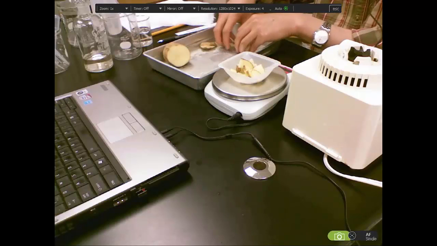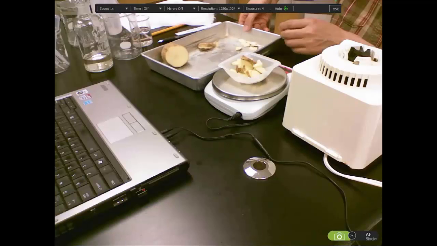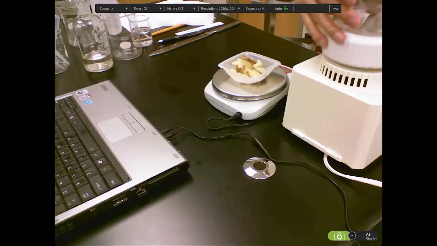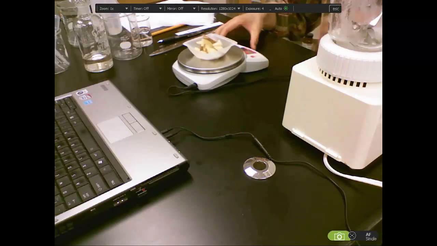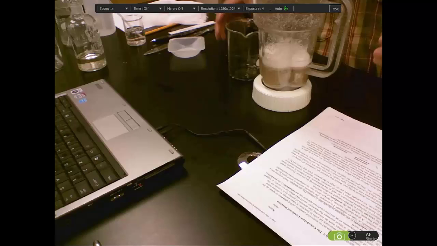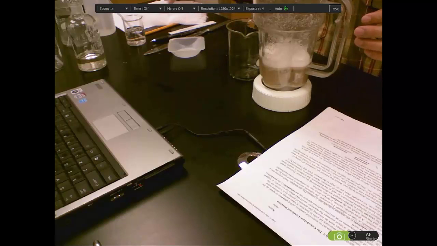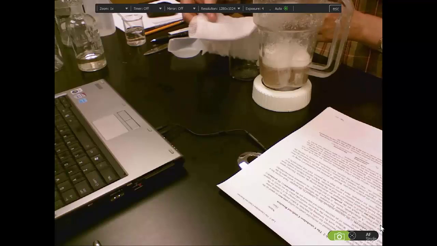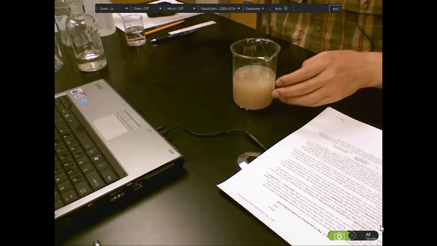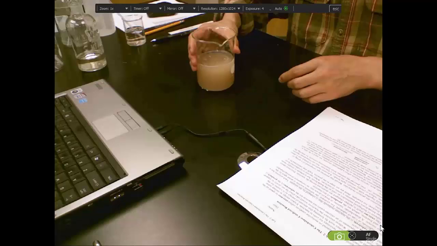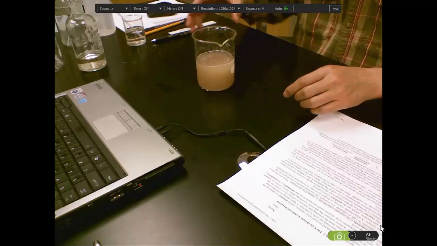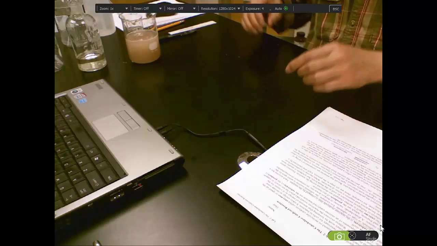So now 33, a little bit more. And I use a blender to process the potato to extract the enzyme. We got the extract of the catecholase. We just need to filter it, using the cheesecloth. So here is the catecholase extract. Now we can do the next step.